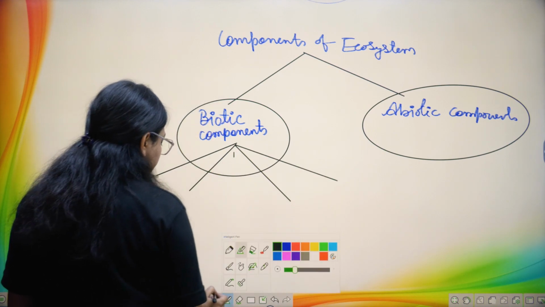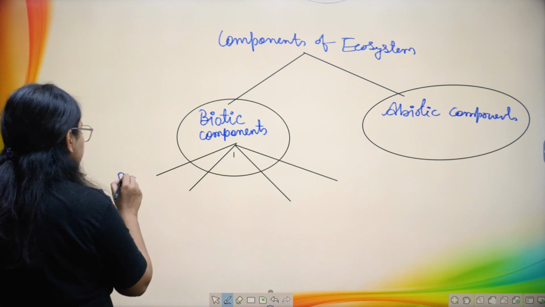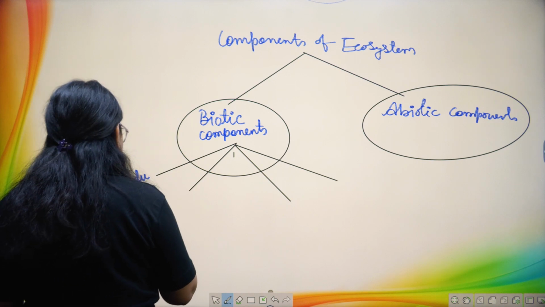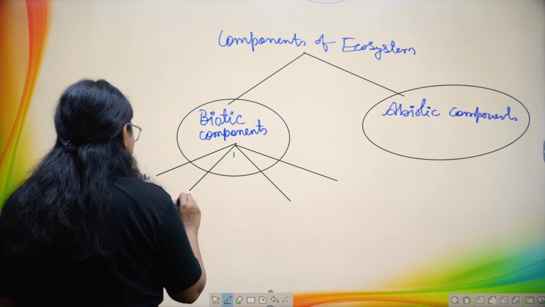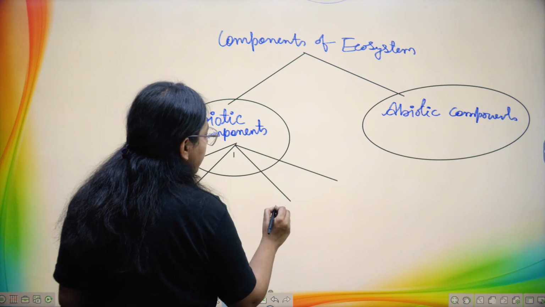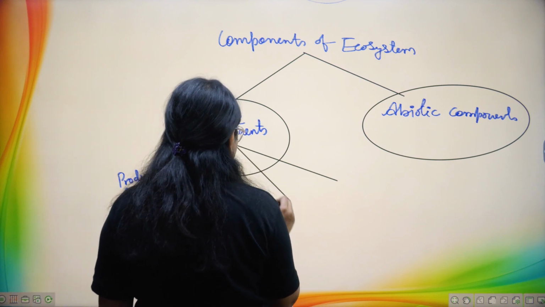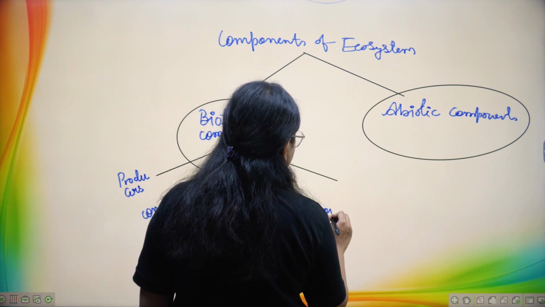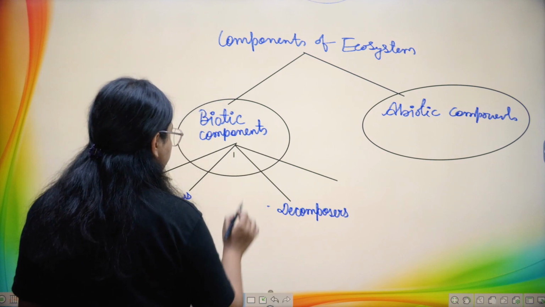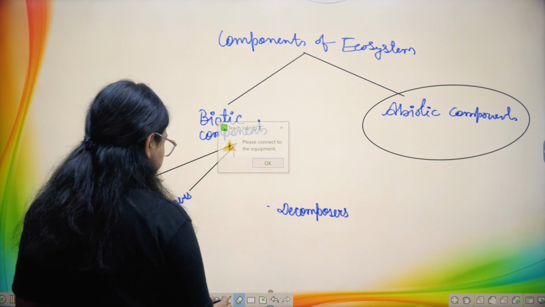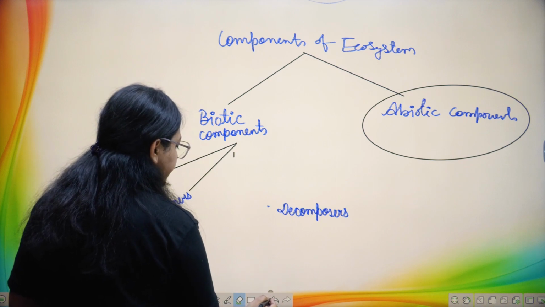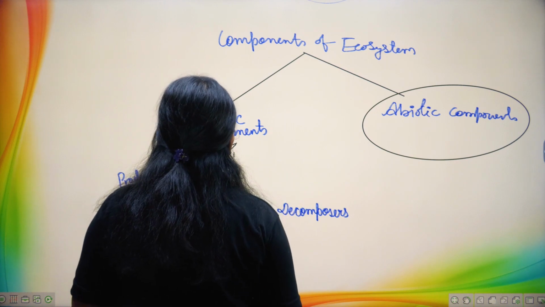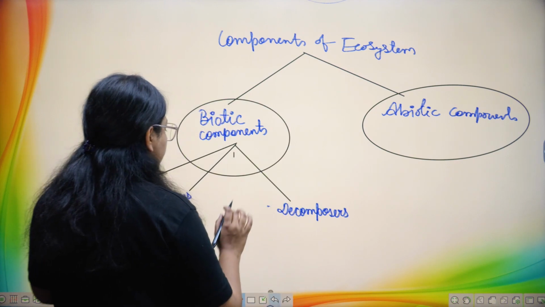First is producers, then consumers, then decomposers, okay. Not 4, only 3. So 3 parts are there.